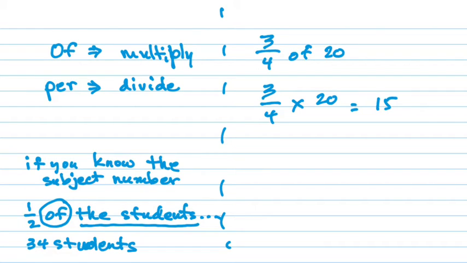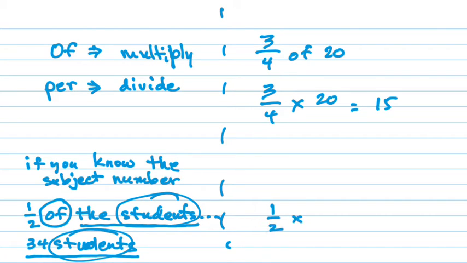The students, right? Does that make sense? And what is the number that I have? The number of, but it's number of students, isn't it? So it's students here and students there. That means 1/2 times 34 of the students, right? Do you see what I mean by this? The agreement, the number, okay?